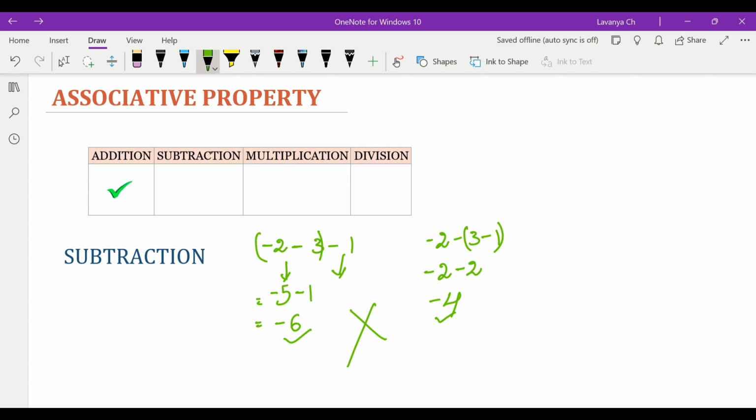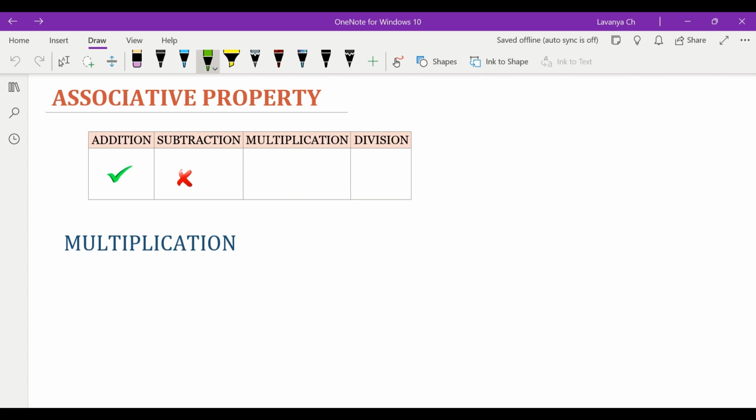Now consider multiplication for associative property. Again considering the same values negative 2, 3, 1. Multiply this. First we'll multiply these two. Negative 2 into 3 is negative 6, into 1 is negative 6.